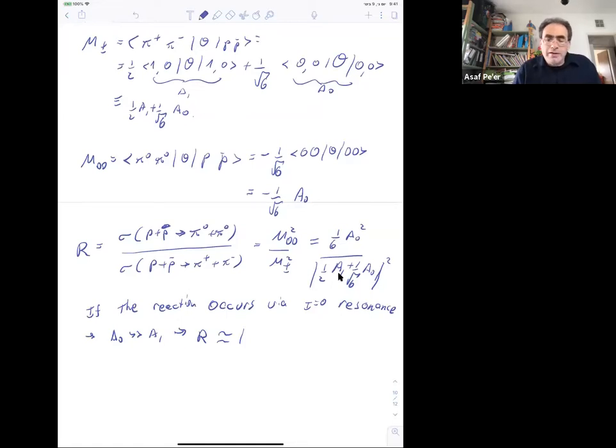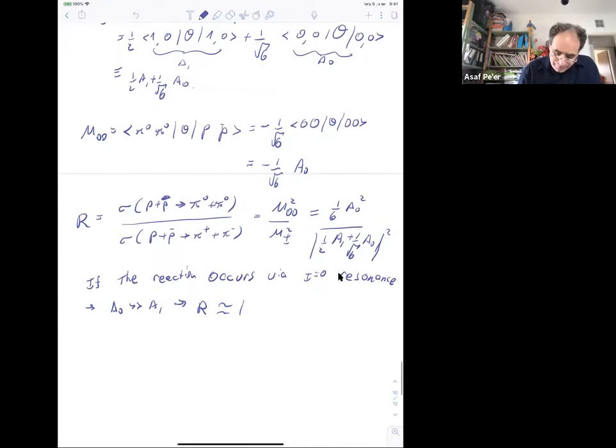And otherwise, if it occurs via an I equal to 1 resonance, that gives that A1 is much greater than A0, and then R is around 0.